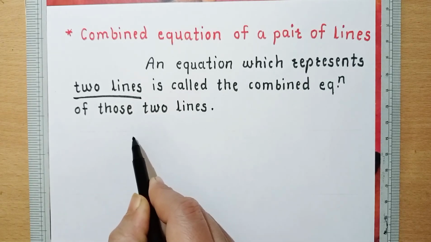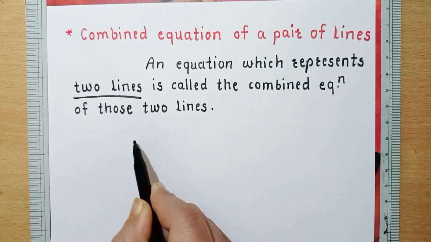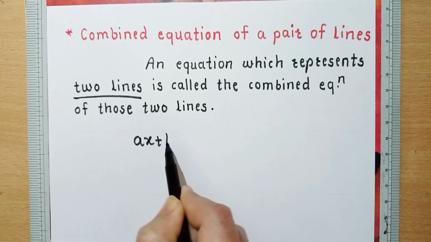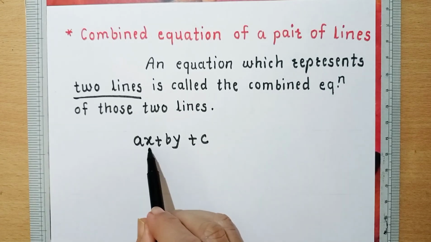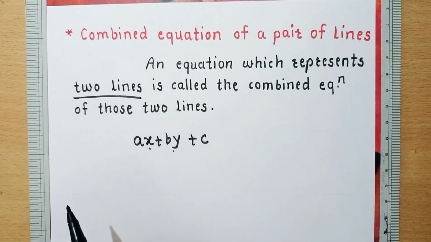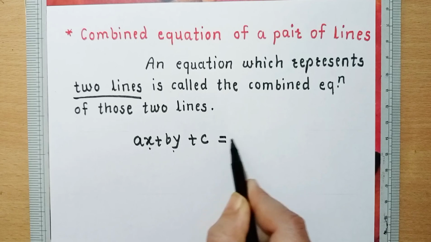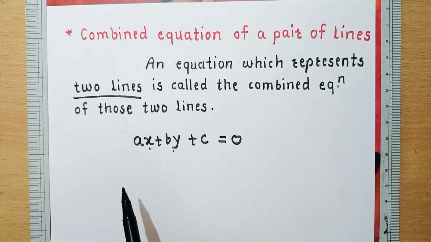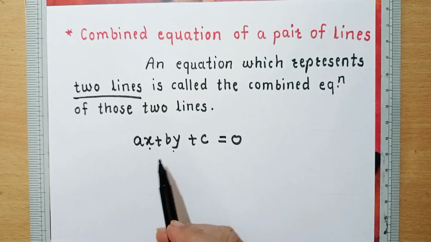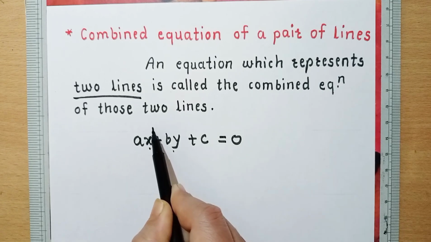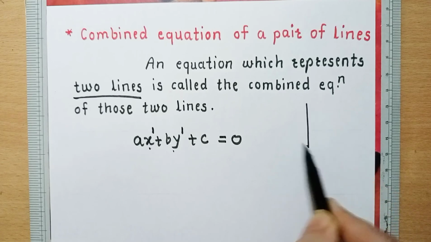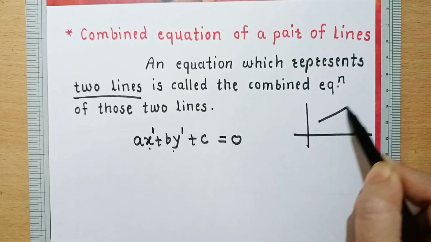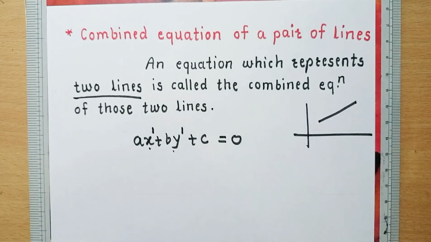First we will consider the expression ax plus by plus c. This is an algebraic expression in two variables x and y. If I equate it to 0, then this is called a linear equation because the index of x is 1 and the index of y is also 1, and this represents a straight line in the xy plane.